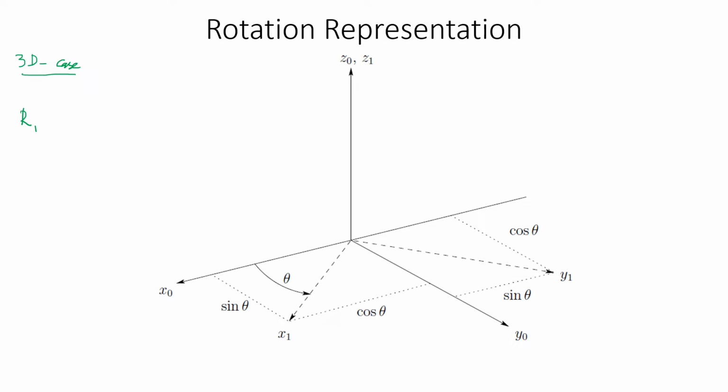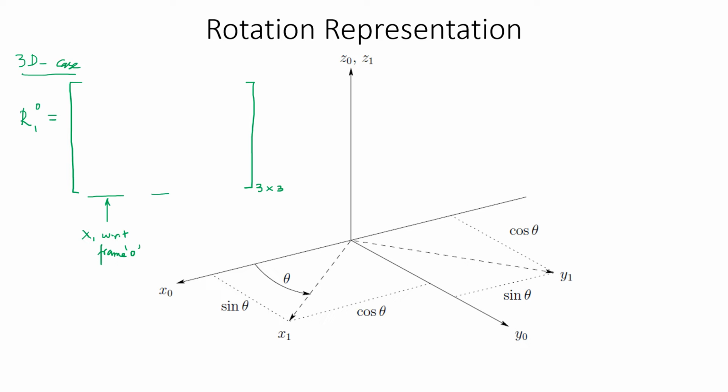So in this particular case, I can write down the rotation matrix once again. Rotation of the first frame with respect to 0th frame is going to be a matrix, obviously. But since it is a 3D case, I'm going to have this be a 3 by 3 size. Now in this case, the very first column is going to indicate how x1 is oriented with respect to frame 0.